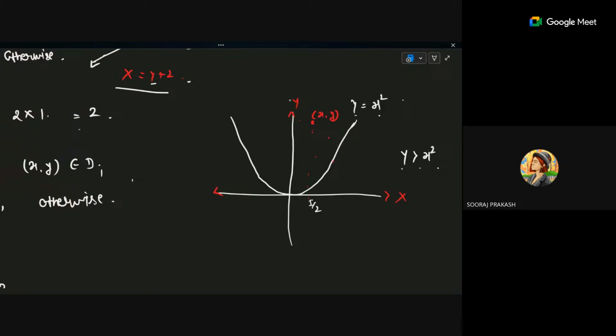It can be 1, it can be 2, it can be 3, any other value which is greater than 1. So you told me that whenever I am observing above this line, my x is less than y, isn't it?